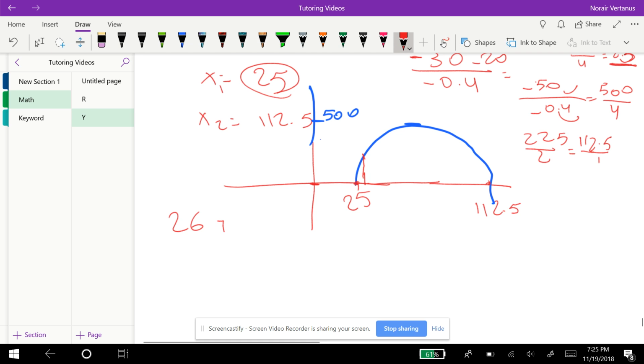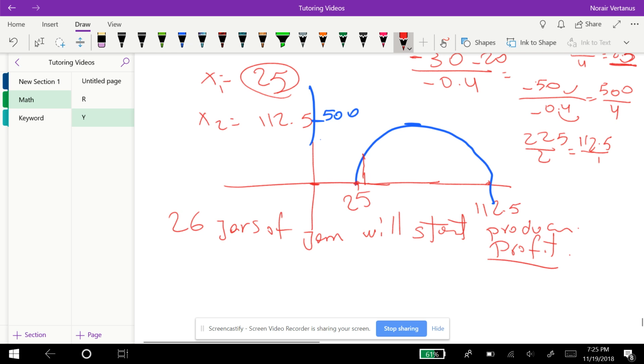So 26 jars of jam will start producing profit. There's no profit less than 25. It's negative like that. So that's how you do this.